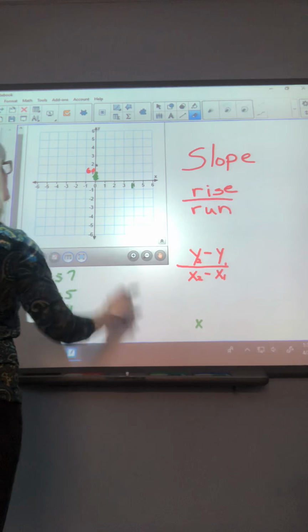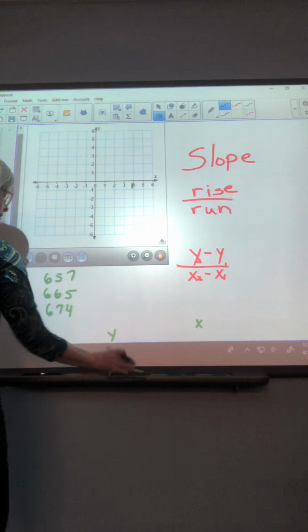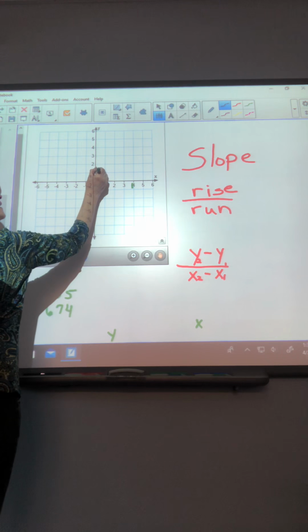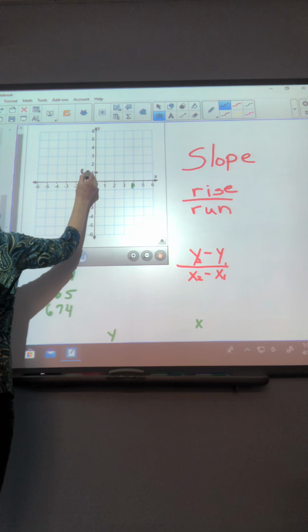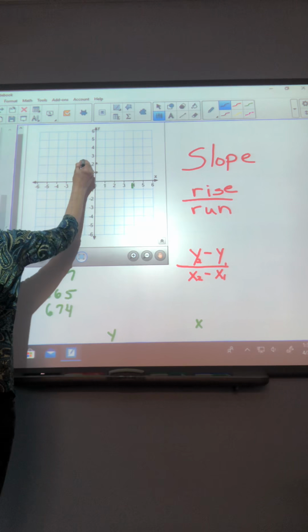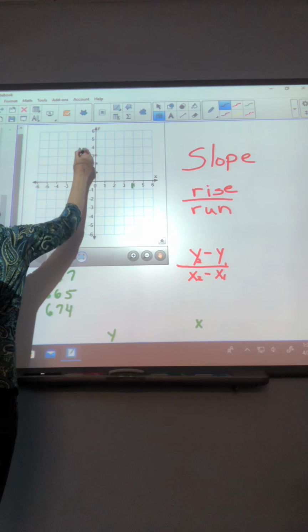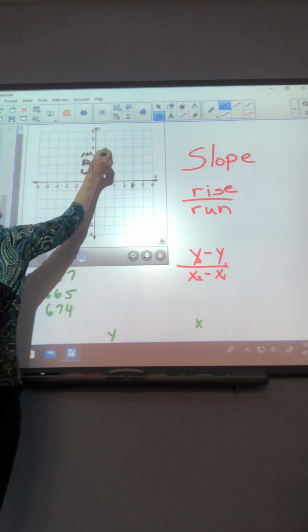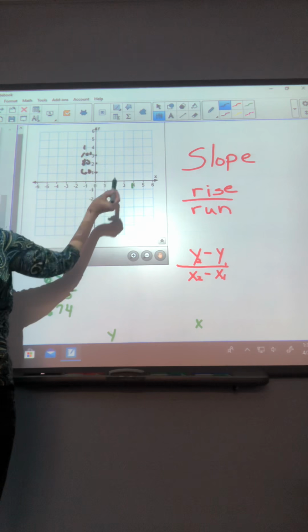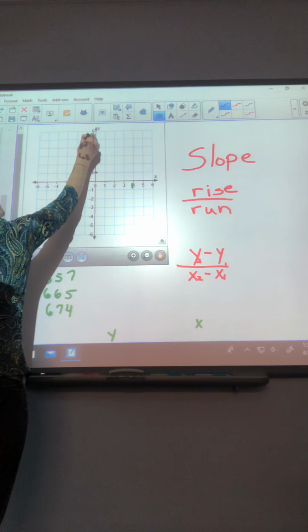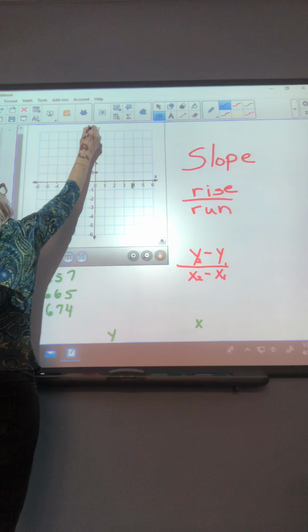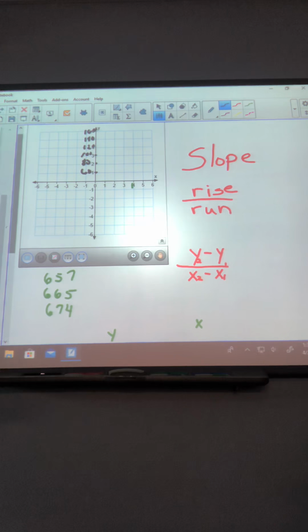Okay, 60 is here, 80 I'm going to put here, 100 is going to be there. So this would be 120, this would be 140, and this would be 160. So you can see that I'm counting by 20s on the graph.